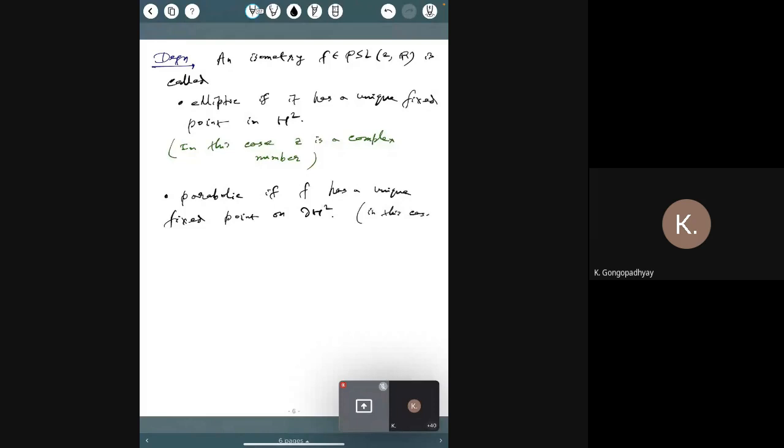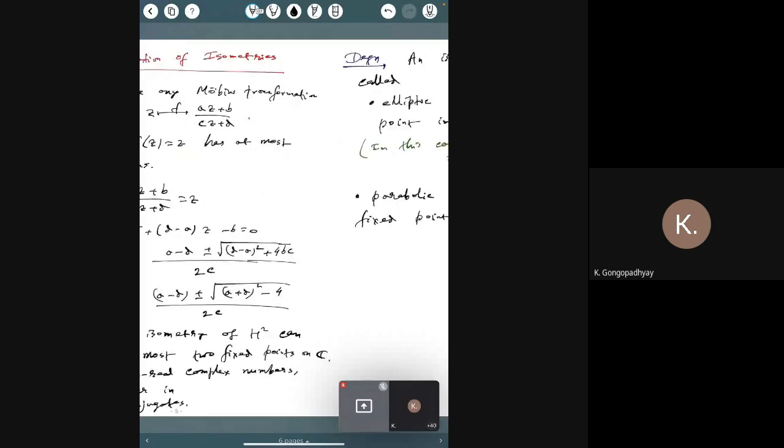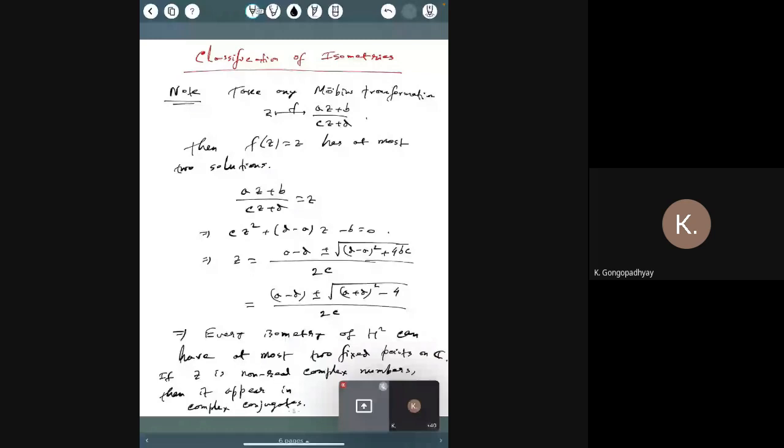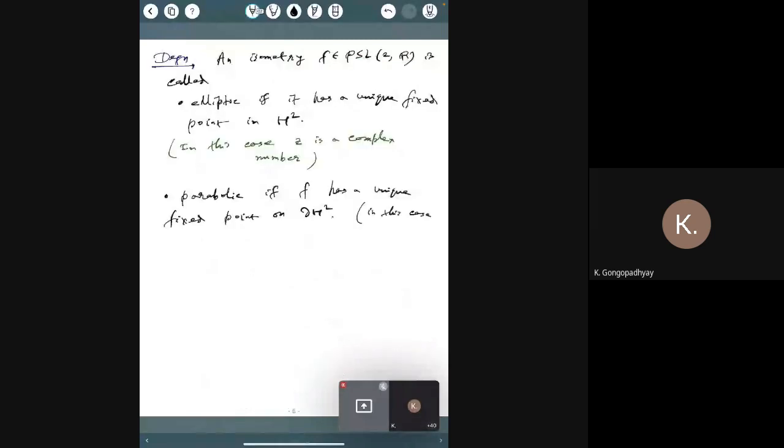In this case, I will call this polynomial 1; it has a real root of order 2.